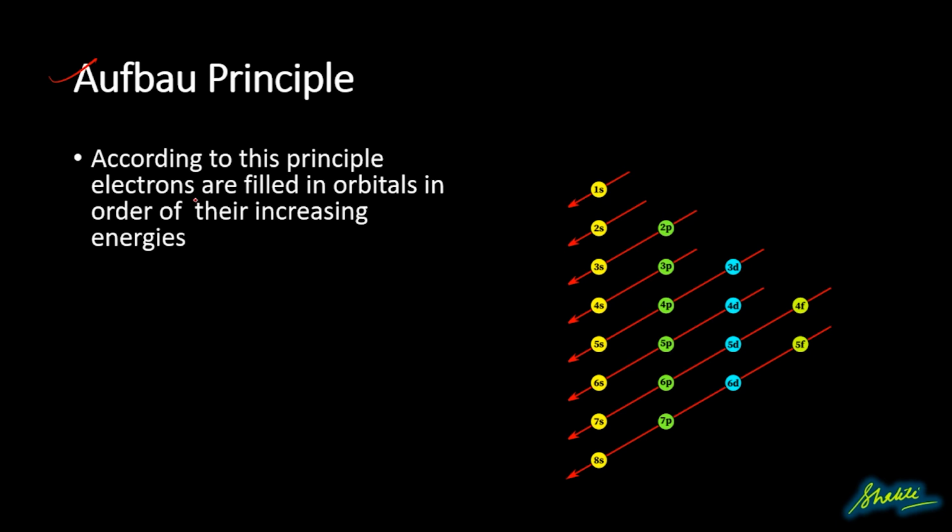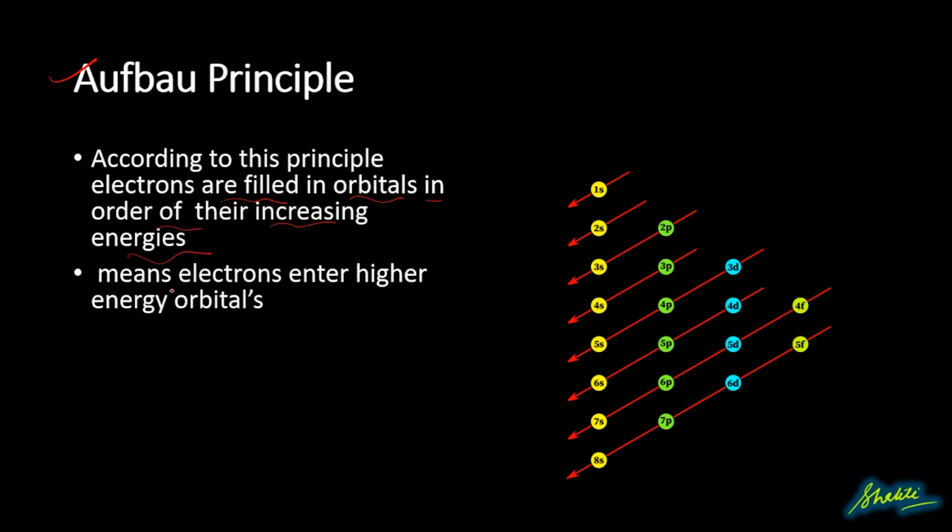According to this principle, electrons are filled in orbitals in order of their increasing energies, which means that electrons enter higher energy orbitals later. The order in which orbitals are filled is like this.